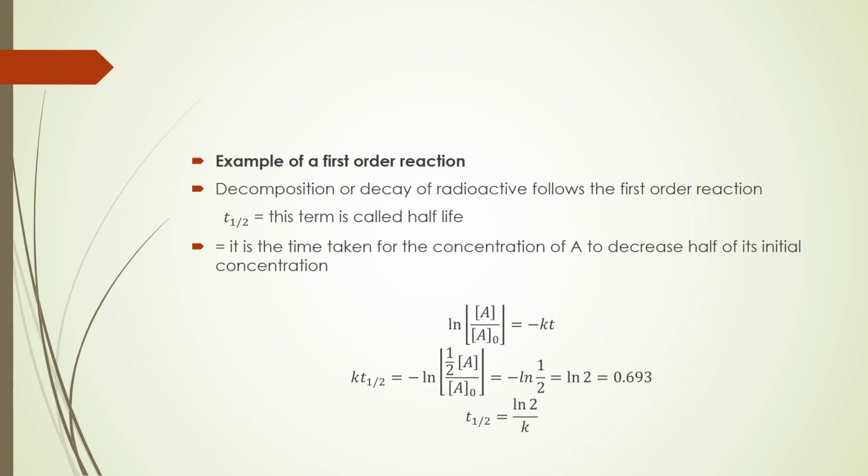So we have ln of concentration of A over A naught equals minus kt. So kT half, because T half refers to half-life, equals minus ln of half (concentration of A over A naught) equals minus ln 1 over 2. Upon simplification we have ln 2, and ln 2 equals 0.693. Now T half is ln 2 over k. If we know the value of k, then we can calculate T half.